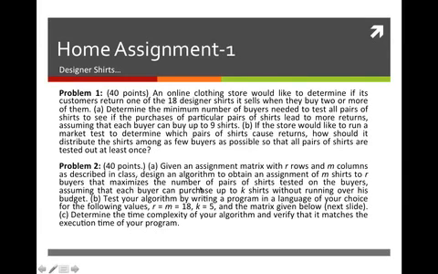Problem two is sort of like a variation of the same, more like the one that we did in class. So given an assignment matrix with R rows and M columns as described in class, design an algorithm to obtain an assignment of M shirts to R buyers that maximizes the number of pairs of shirts tested on the buyers, assuming again that each buyer can purchase up to K shirts without running over his budget.